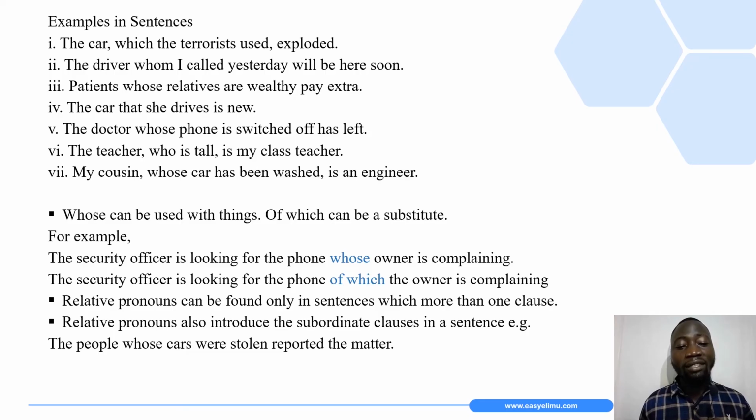In that sentence, the relative pronoun whose is used to introduce the subordinate clause cars were stolen. Remember, a subordinate clause is a clause that is in the form of a dependent sentence.